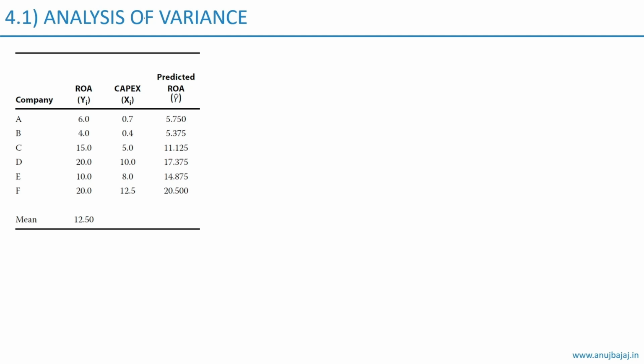So continuing with our previous example of ROA and CAPEX, let us calculate the total variation, the explained variation and the unexplained variation. Total variation is yi minus y bar squared. Explained variation is y hat minus y bar squared, and the unexplained variation is yi minus y hat squared.